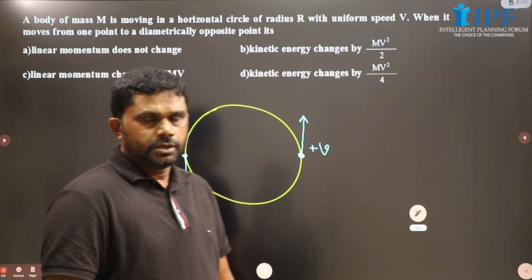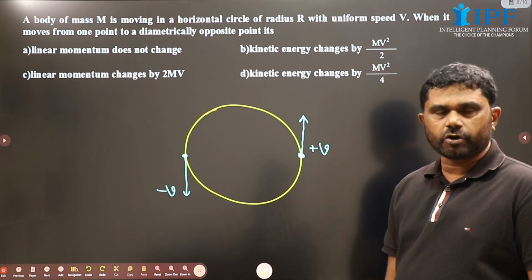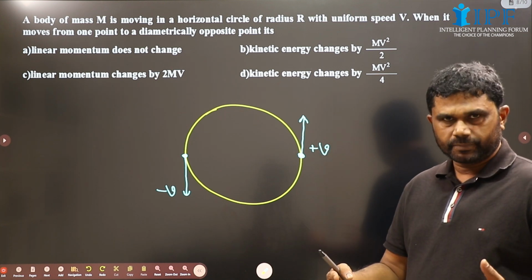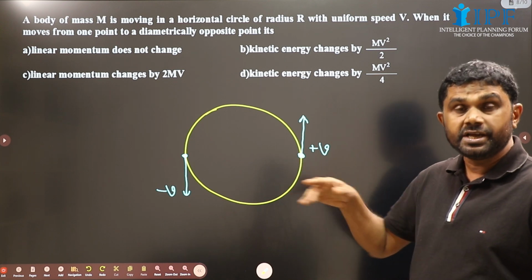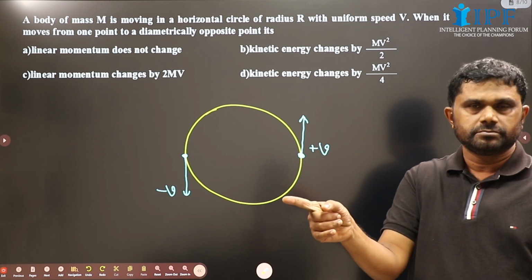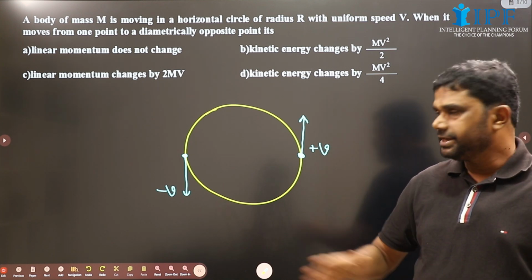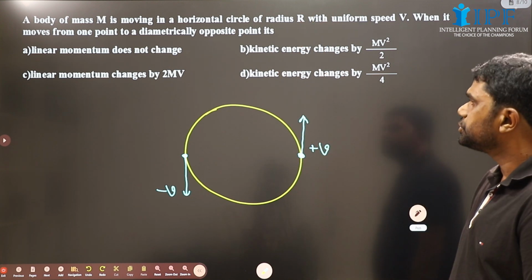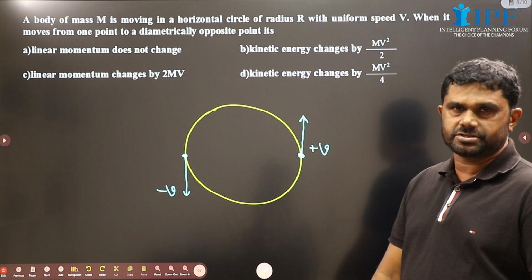So here the momentum is m into minus v, or minus mv, and here the momentum will be m into v, plus mv. So as the body moves from one point to a diametrically opposite point, even though the magnitude of linear momentum does not change, direction gets reversed. Here it is downwards while here it is upwards. So the statement that linear momentum does not change is a wrong statement.